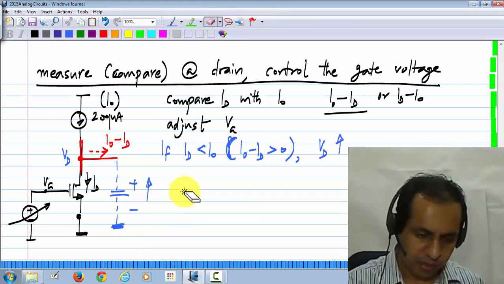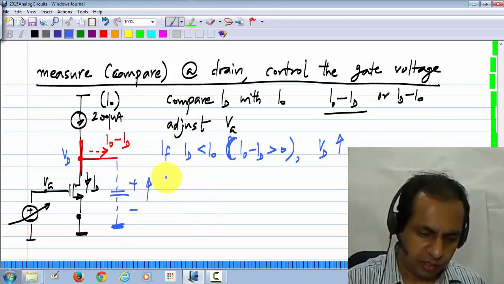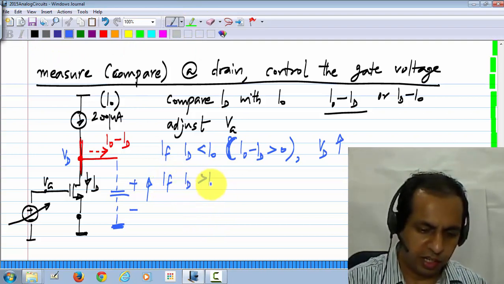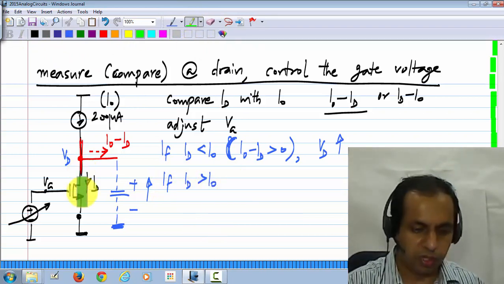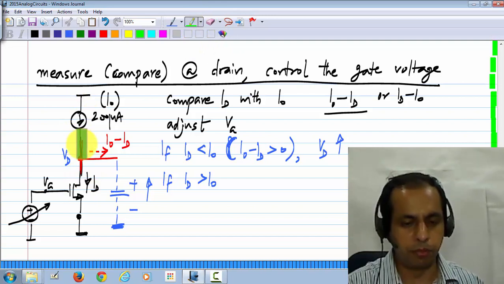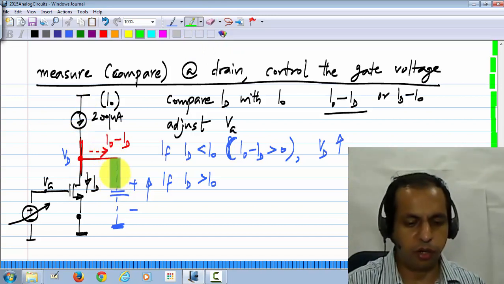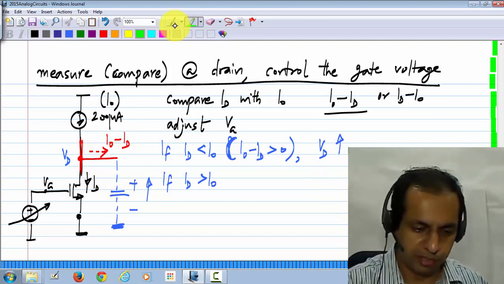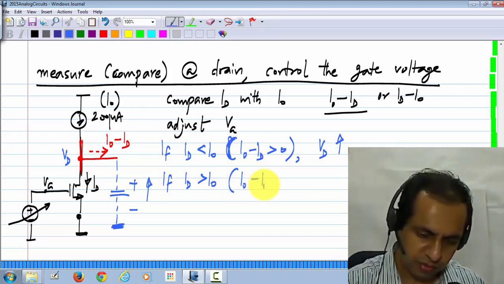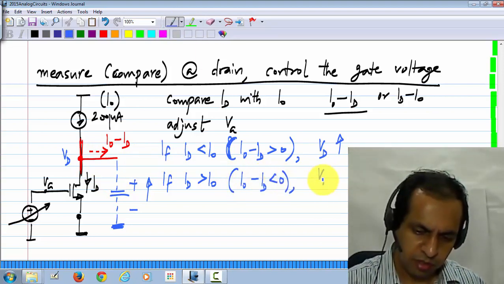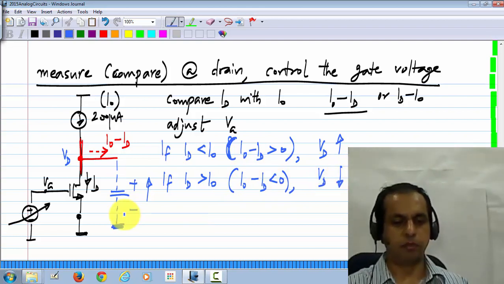Now conversely, if ID is greater than I naught, that means that more current is flowing down than what is being pumped in. So this current will be negative. Current will be actually drawn from the top plate of the capacitor. VD falls, the drain voltage falls.